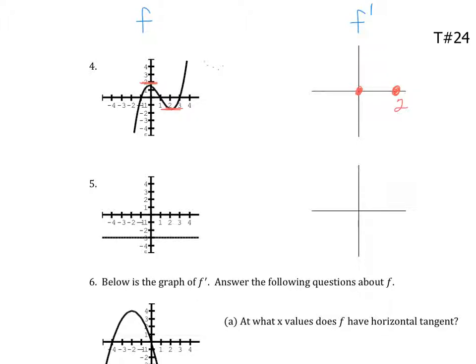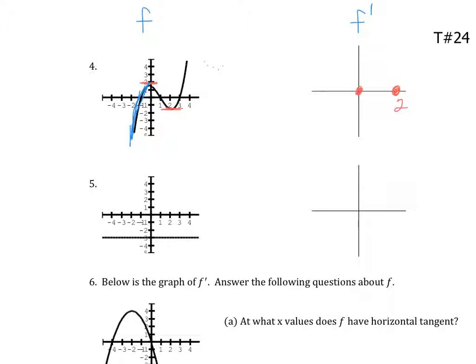Well, finish this sentence. Right here, up until 0, f is increasing. What do we know? If f is increasing, is the derivative going to be positive or negative? Well, the derivative is going to be positive. And so, again, very, very much positive, and then it's getting closer to 0.